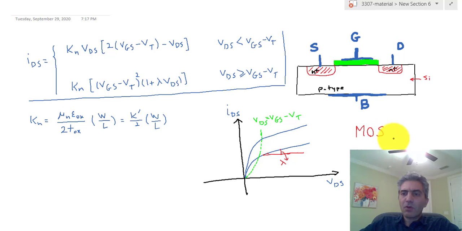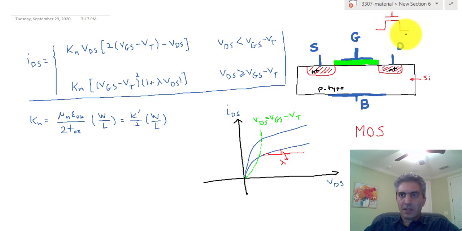First of all, the symbol that could be used for the transistor comes from this structure, so I'm going to start by drawing the symbol similar to what we have here.